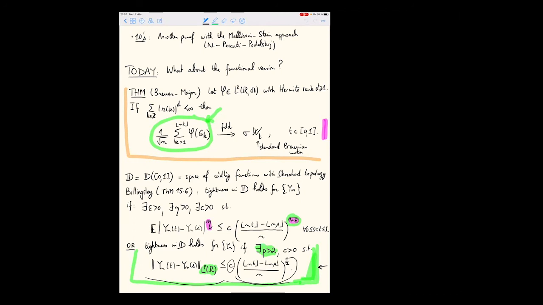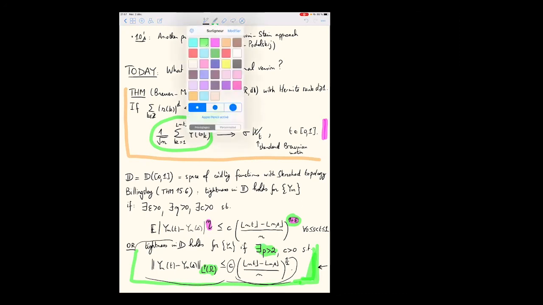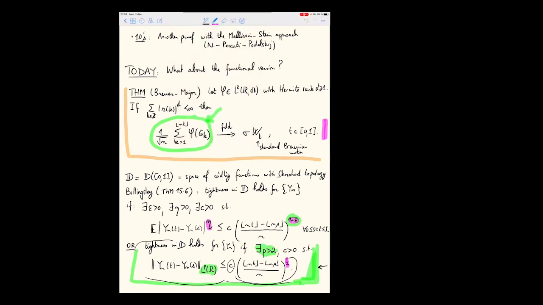And now if you look at my tightness result here, we know that the limit is more regular than 1/2.